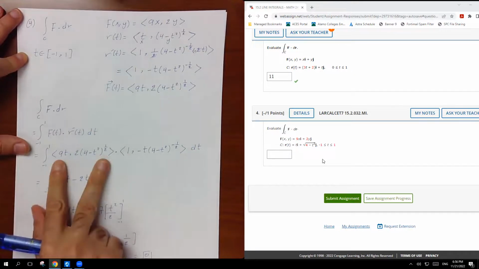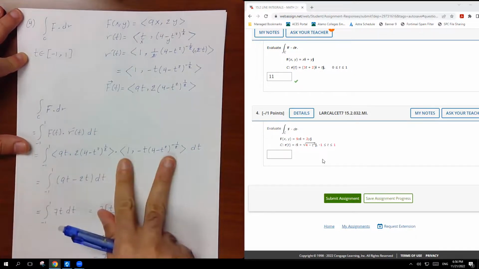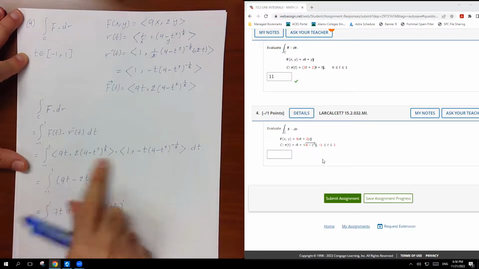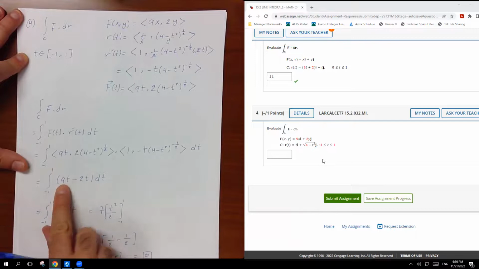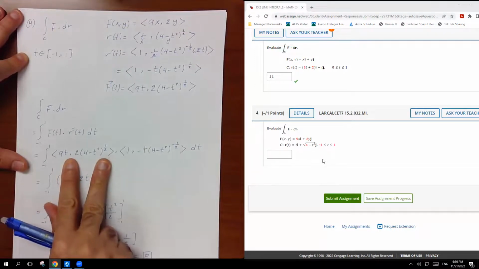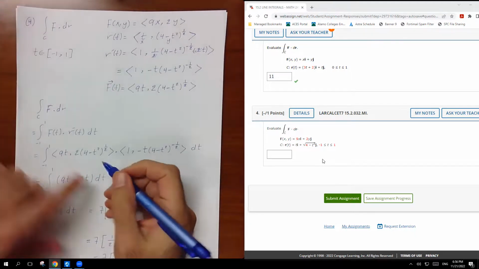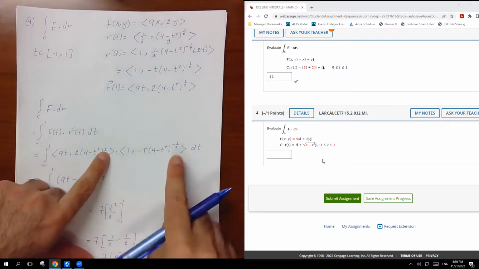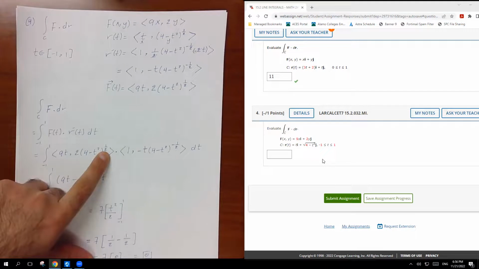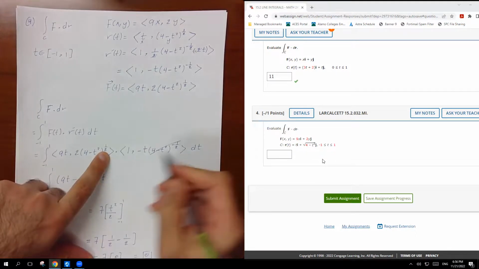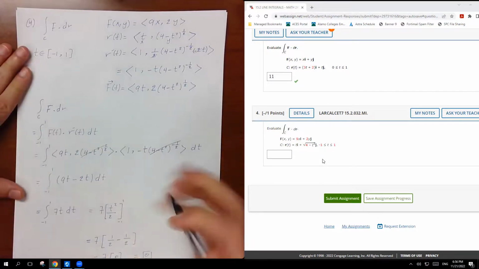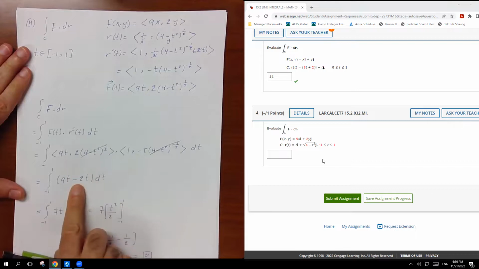So here is F of t, and here is r prime of t dt. Let's multiply. It's a dot product, so 9t times 1 is 9t. This part times this part: this is a positive exponent, this is a negative exponent, so you can cancel this one with this one. The left is going to be negative 2t. Combine these together, it's going to be 7t.